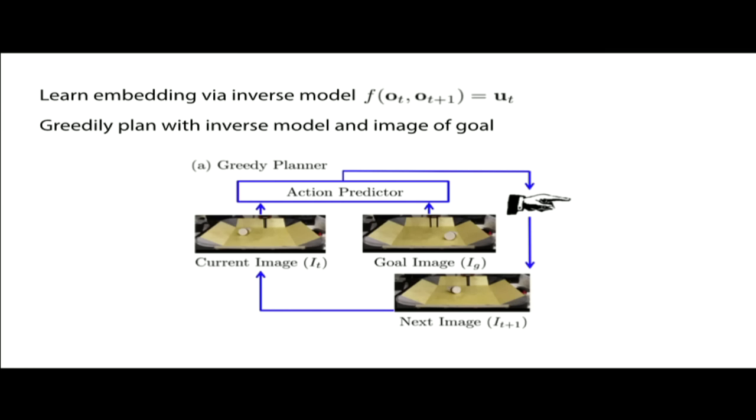Then they executed that action on the robot to get the next image. Then they fed that image in again to predict the next action to take to get from the newly observed image to the goal image.